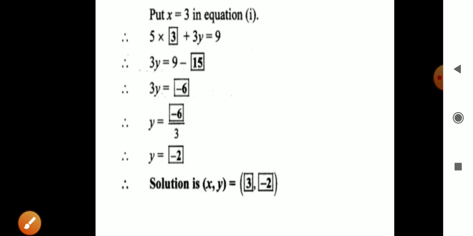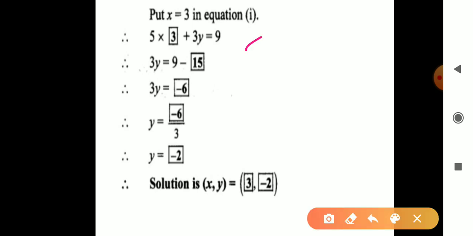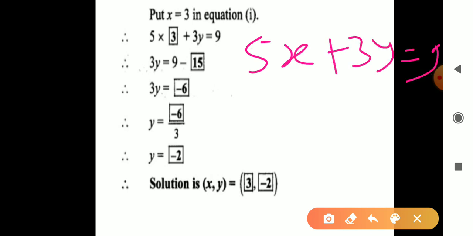So we put the value of x in equation 1. Equation 1 was 5x plus 3y equal to 9. Here the value of x is 3, so 5 into 3 plus 3y equal to 9.